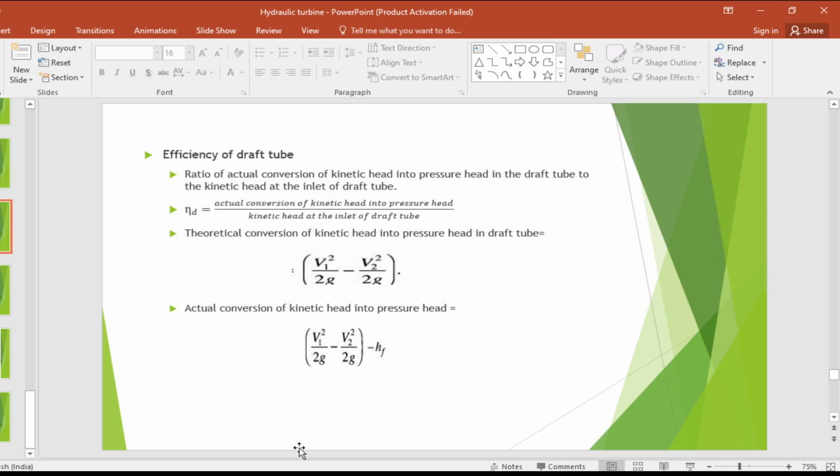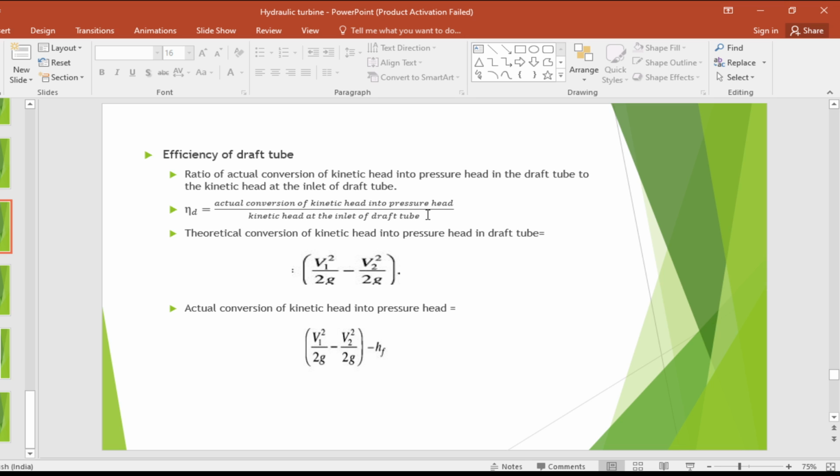So mathematically we can write it as eta d equals the actual conversion of kinetic head into pressure head in the draft tube divided by the kinetic head at the inlet of the draft tube.